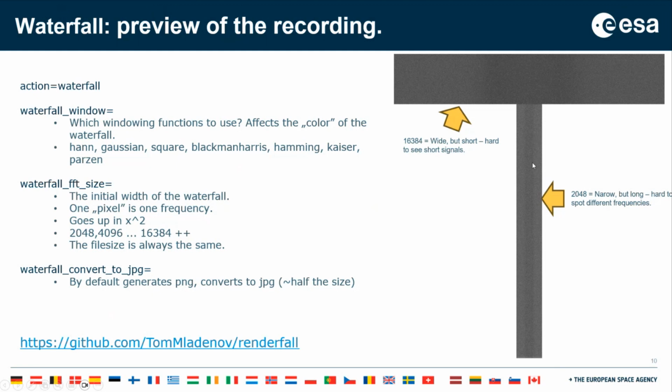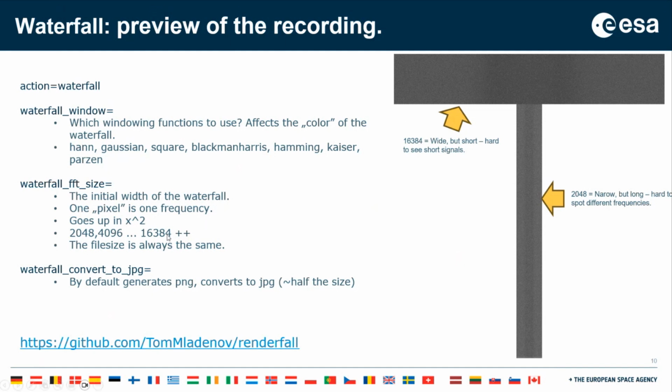If we made a 1.5 megahertz bandwidth recording, but we use only a 2048 FFT size, waterfall size, this stands for fast Fourier transform, I just realized, then all of the 1.5 million frequencies will be squeezed into 2048 buckets. One pixel is one bucket. I don't know exactly how many frequencies one pixel will contain, but it will be several frequencies.